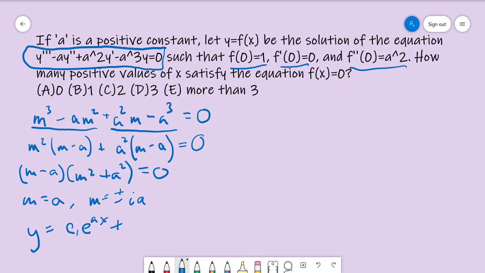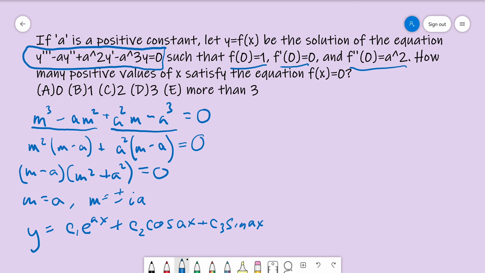Well, when you have complex roots, then you're going to have a c2 cosine ax plus c3 sine ax. Since they're always conjugates of each other, then you just have to take that a and put it in there.